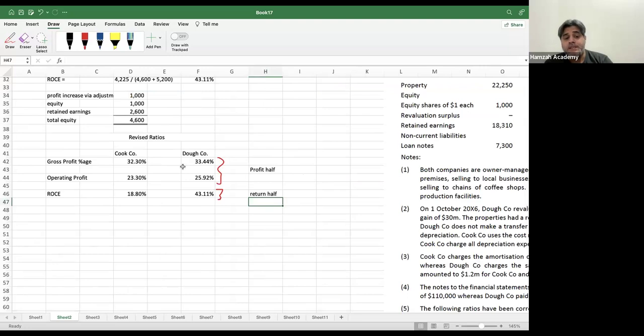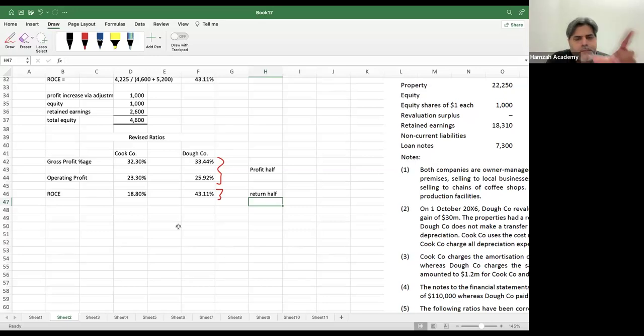But when we adjust the results, surprisingly the tables are turned, and now the Dough Company has a better profit position as compared to the Cook Company, right? So, without further information on the operating expenses, it's going to be difficult to draw too many conclusions about the management of the two companies, right?